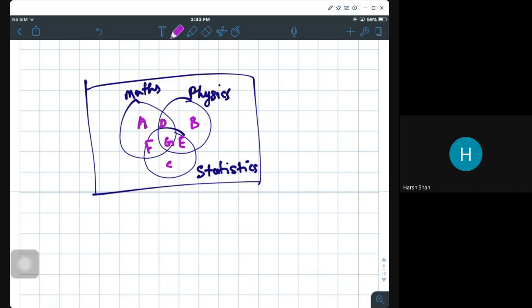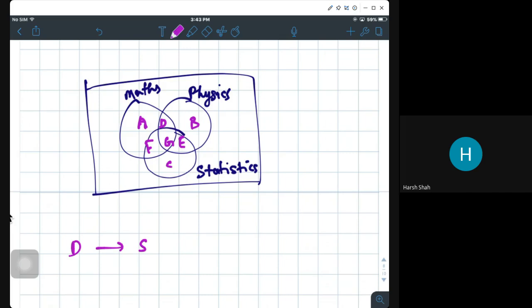Now I'll tell you some statements. Just clarify whether they are true or not. D is the set of students who have taken both maths and stats. No, right?